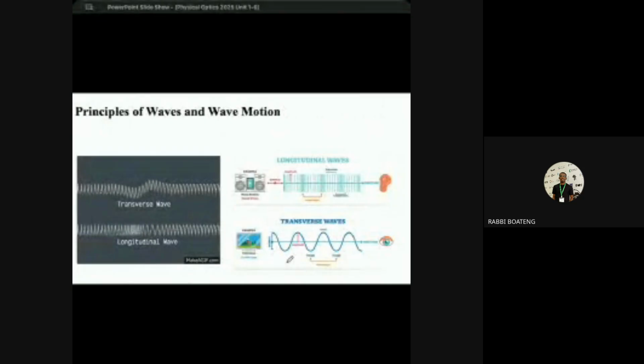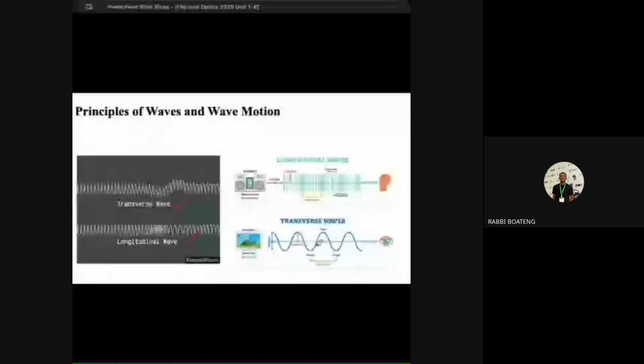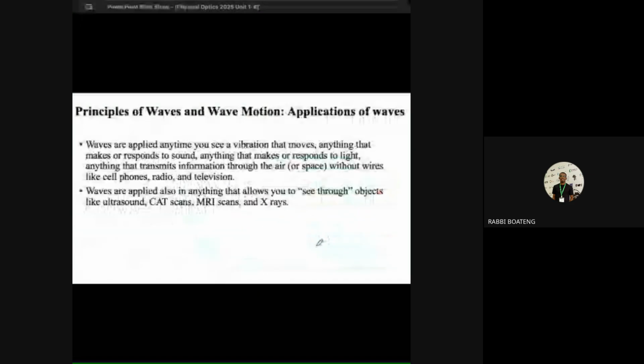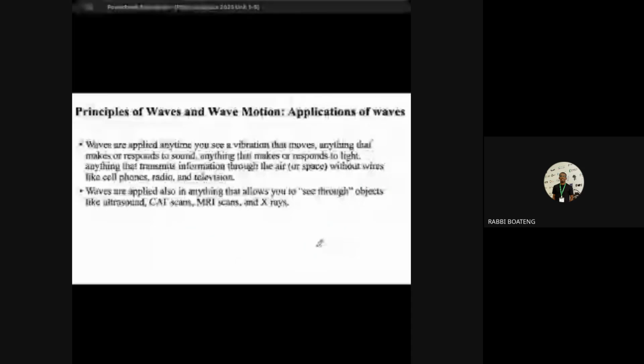Now, the applications are enormous. We have transverse waves and longitudinal waves, and a typical example of the longitudinal is sound. A typical example of the transverse is our light. There are a lot of applications.